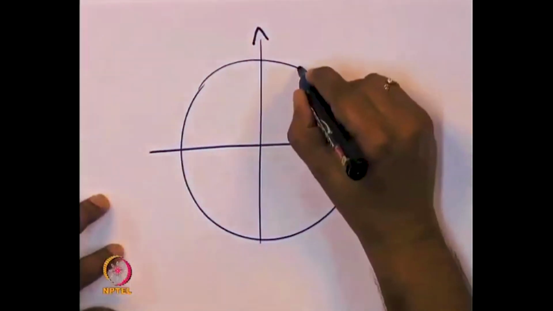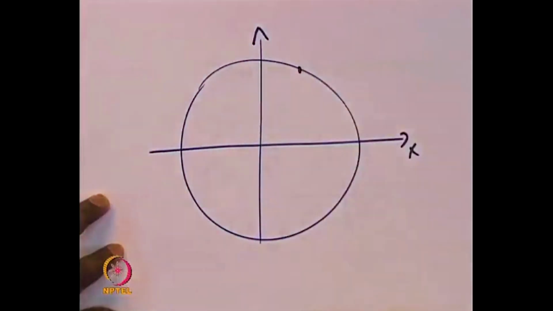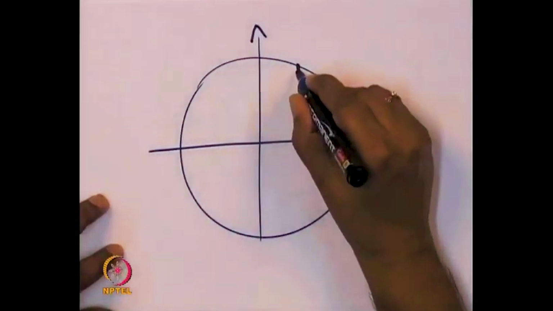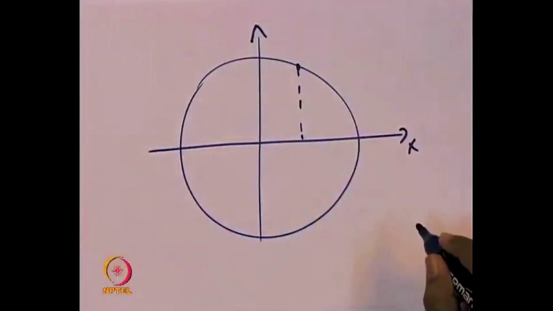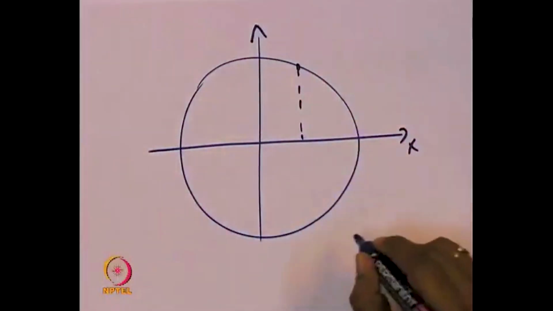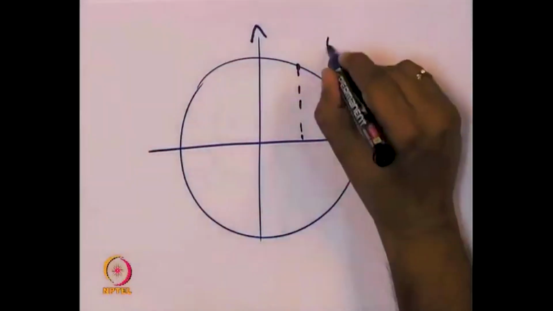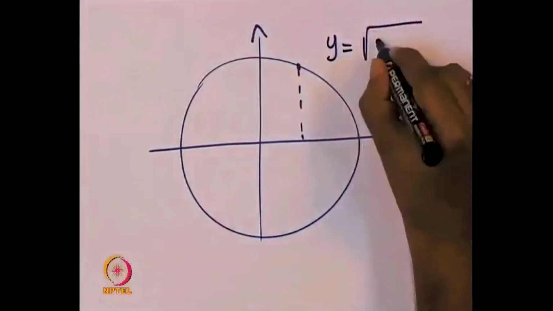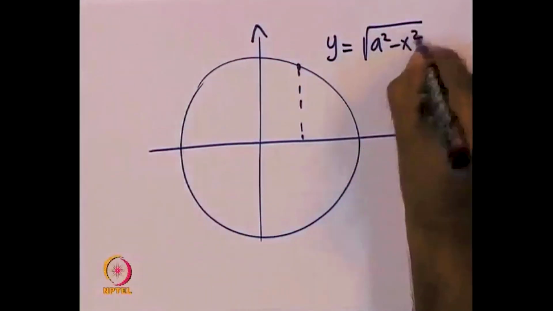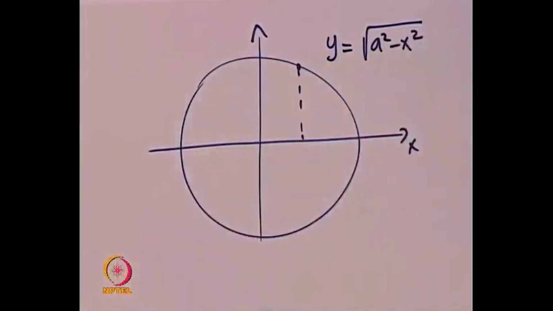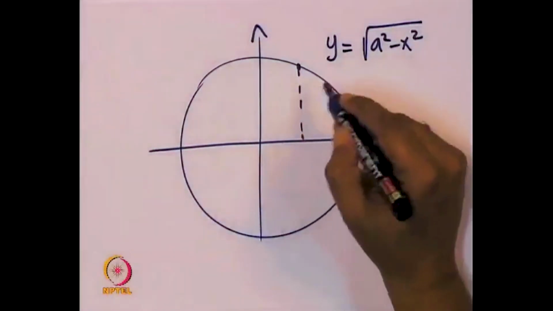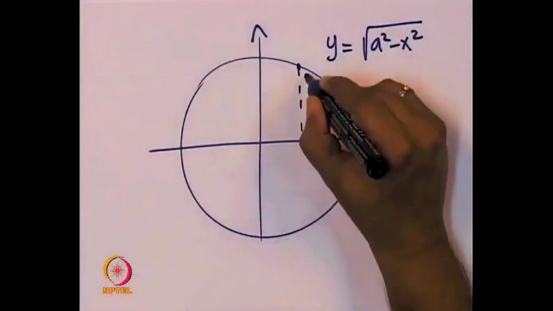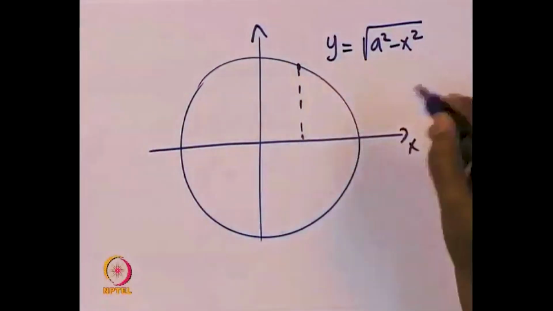Any point here will have a y value given by root of a square minus x square. We just said that y is root of a square minus x square. So at this value of x, you will have this particular y value, and at some other value of x we will have some other y value.